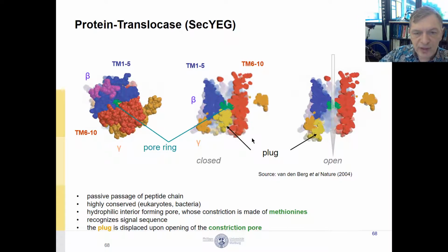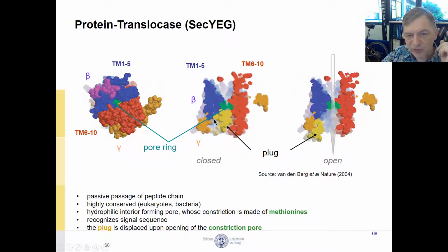This is fulfilled by the translocon by having a restriction here called the pore ring that is closing it. That is actually the closing site. Additionally, it's closed by a plug region that is sticking up. So the combination of both keeps it closed. So what happens now when the plug goes away?